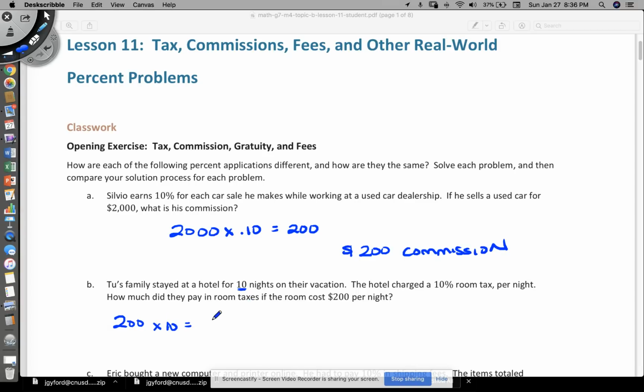So times 10, that's going to give me $2,000. So they spent $2,000, and the hotel charged them 10% each night. So $2,000 times the decimal 0.10 for the 10% is going to leave them with $200 in paid taxes.